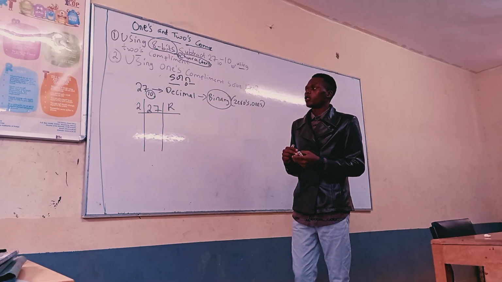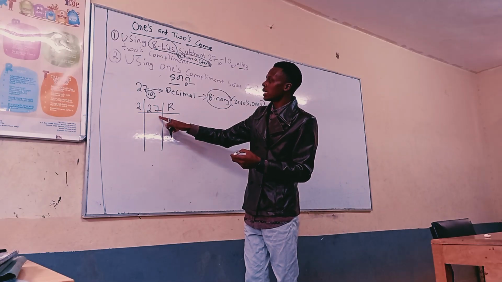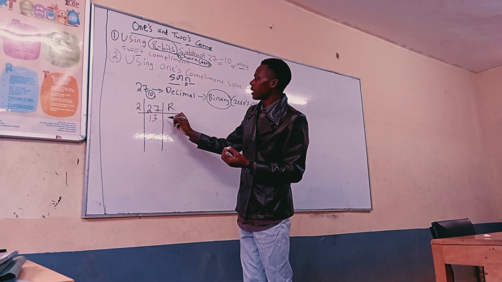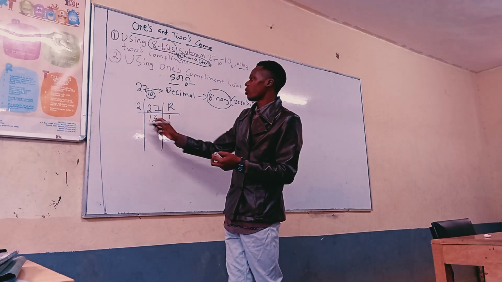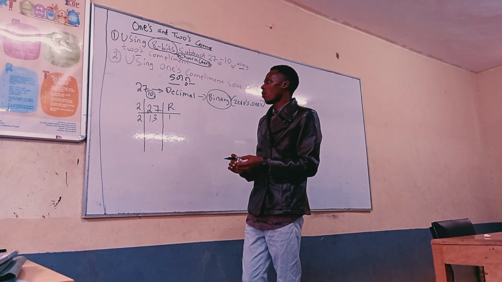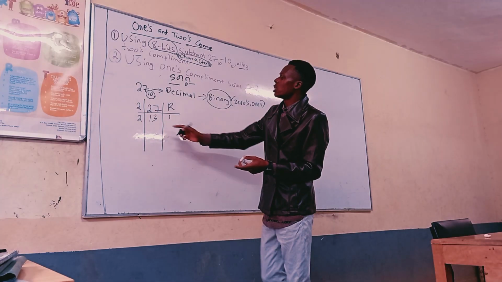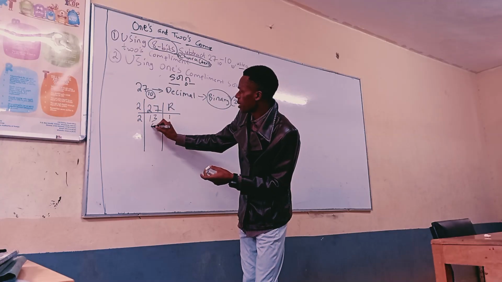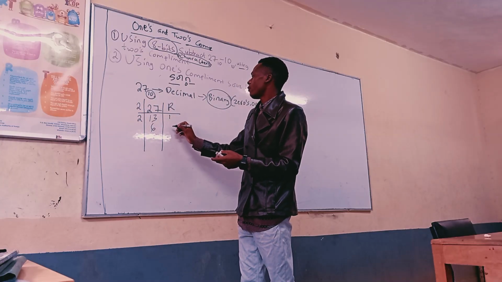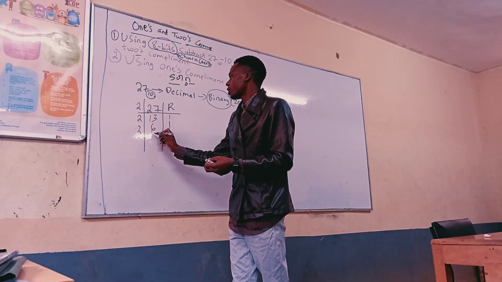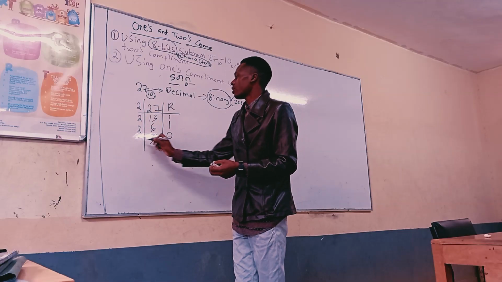So 2 into 27 is 13, with a remainder of 1. Again divide by 2 until it turns to a 1 or a 0. So 13 divided by 2 is 6, that is 12, remainder 1. 2 into 6 is 3, with a remainder of 0.